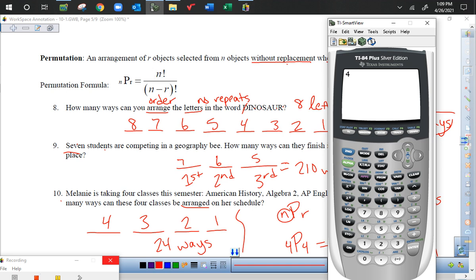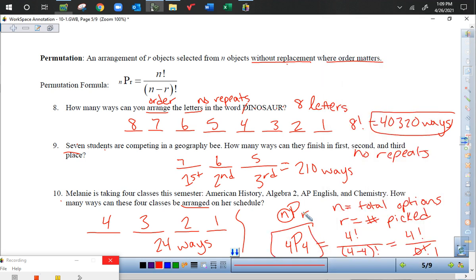Okay, so then you hit Math, and over for probability, the same place that we saw the factorial, you've got this nPr. So go down to that, hit Enter, and then we'll put the r value as number 4 as well. And it gives you that same 24. So you are welcome to use this, but you have to write 4P4 if you do use that formula.